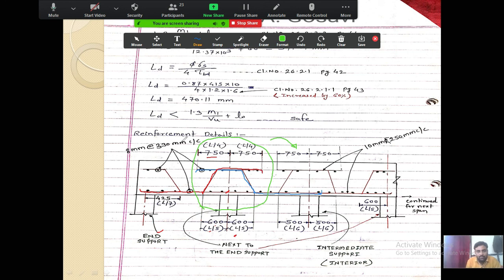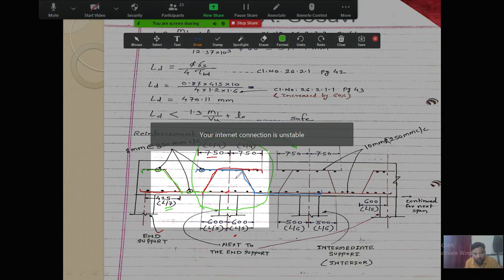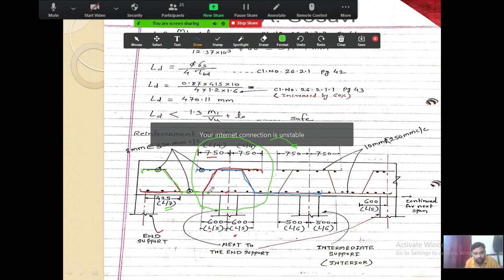I will show you this bar also. This bar will start from this point, main steel, and it will bend. But this distance is L by 7, so 3000 divided by 7 is about 425. Then this bar is bent and moves forward up to this point.